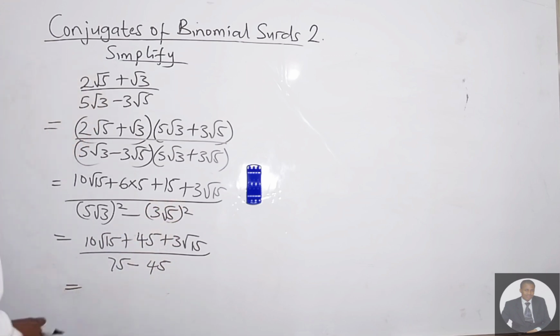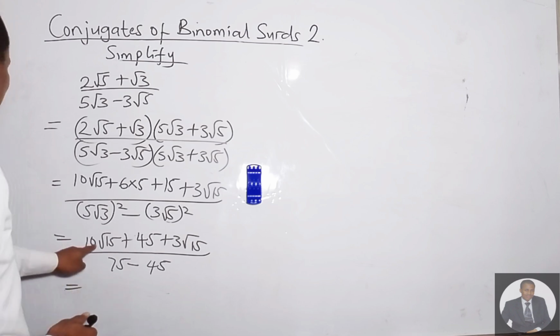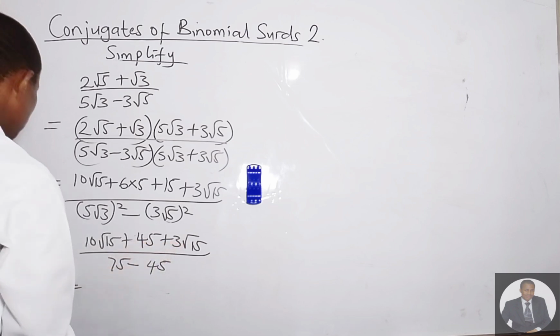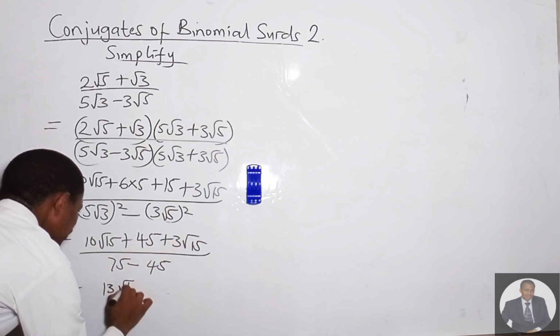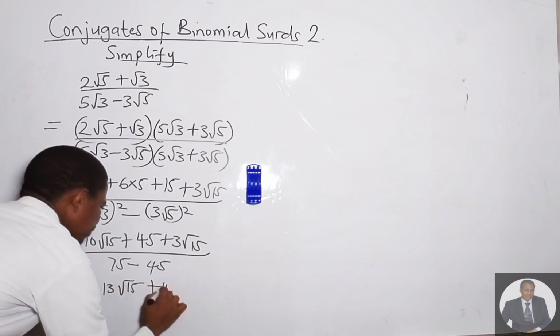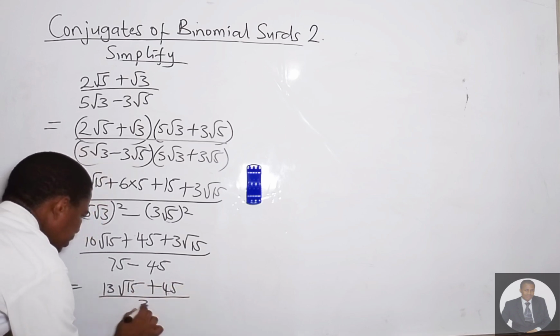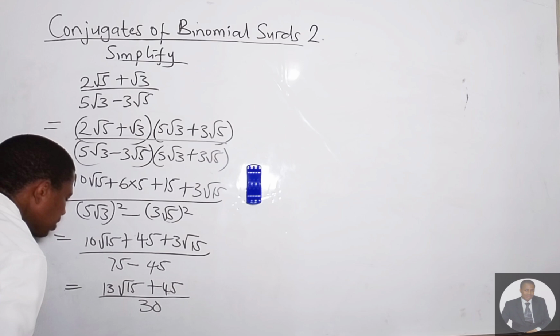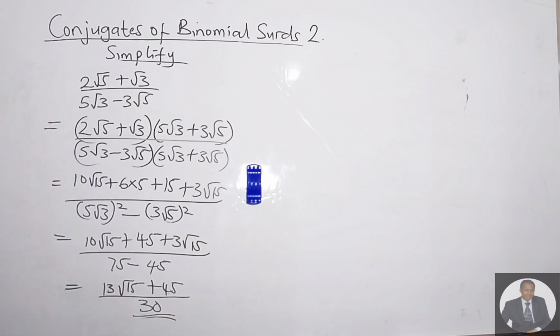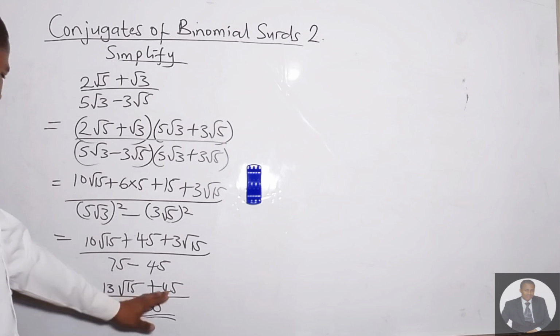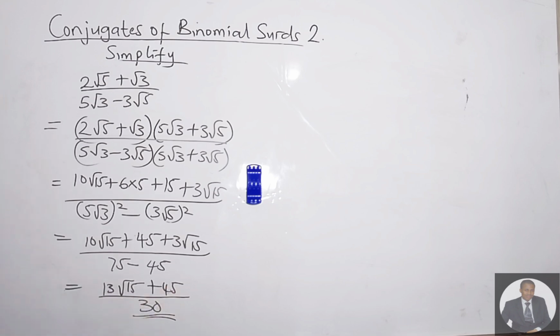So our final answer will be 10 root 15 plus 3 root 15, that's 13 root 15, plus 45, all over 75 minus 45, which is 30. 13 root 15 plus 45 all over 30 will be our answer for this question.